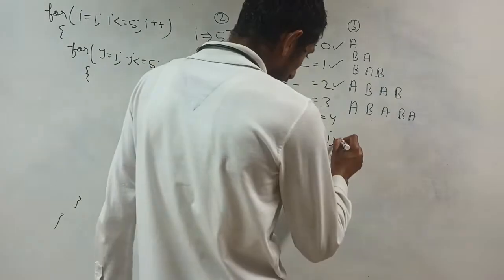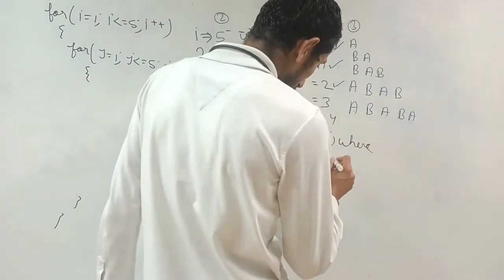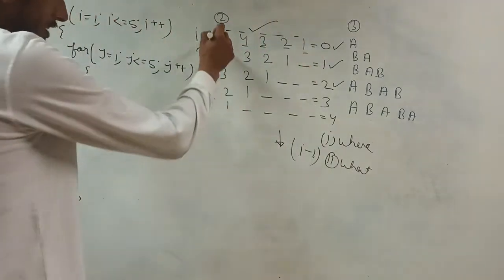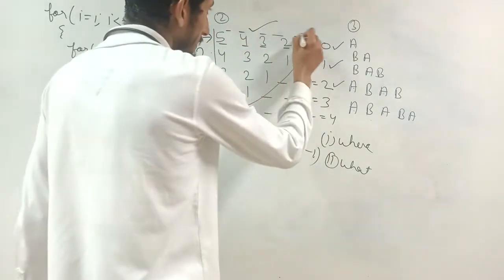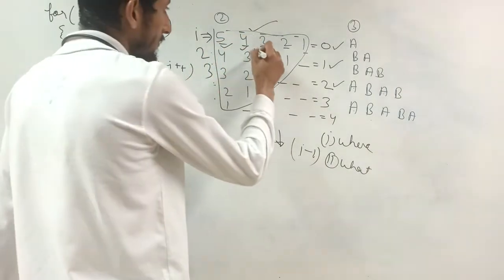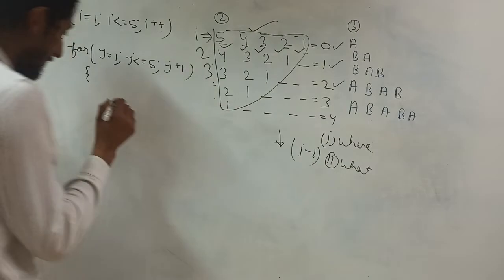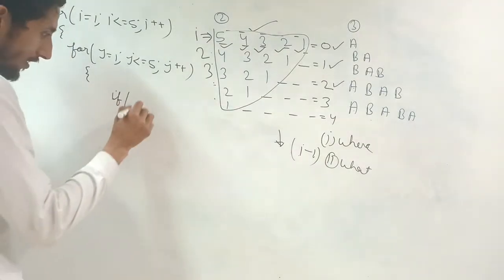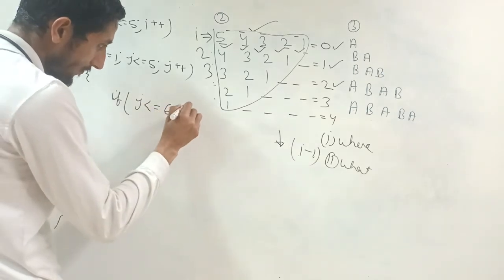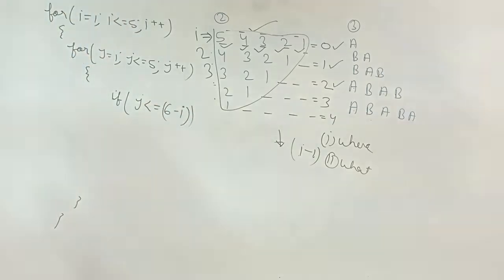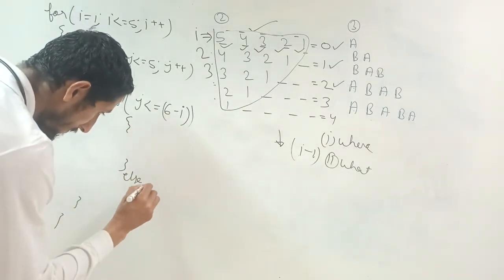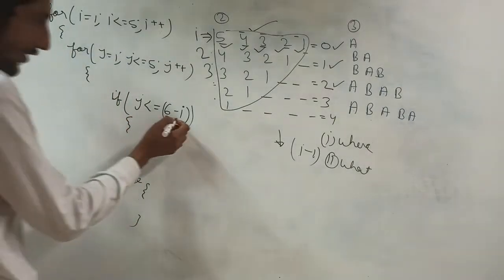But there are two things: where it has to be printed and what has to be printed. So first of all, let me decide the shape, where it has to be printed. In row number 1, I have to print all. So let me apply the if condition: if the value of j is less than or equal to 6 minus i. How did I get this?